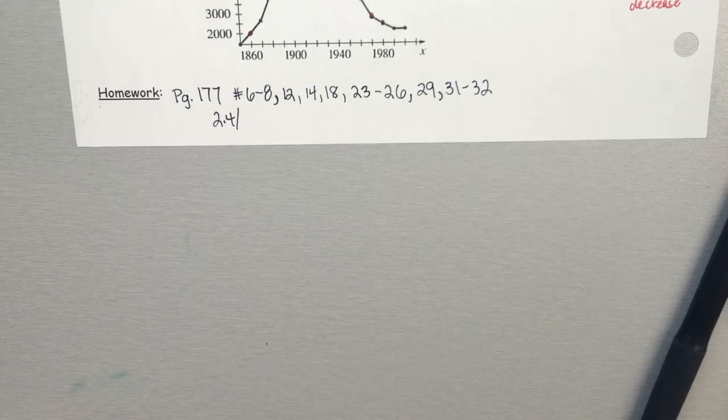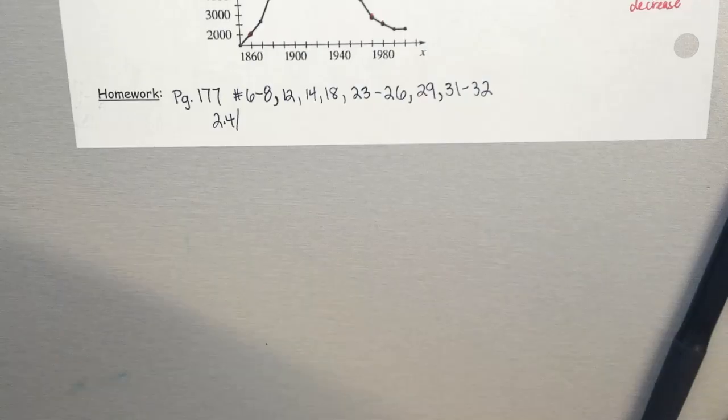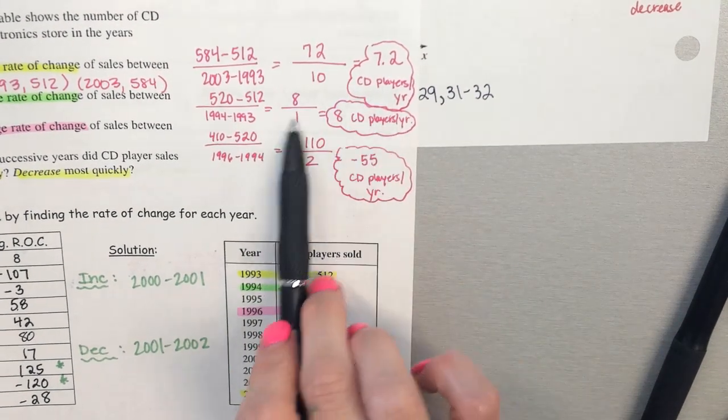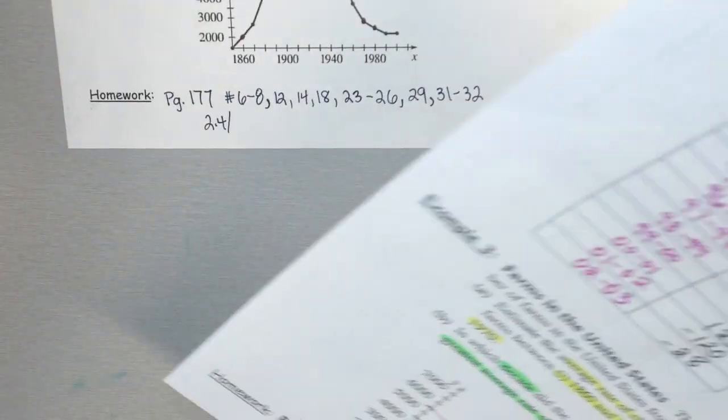And just remember, when you're doing these, I am looking for your work. So even with these, just doing the 72 divided by 10 and then how you got that would be great.